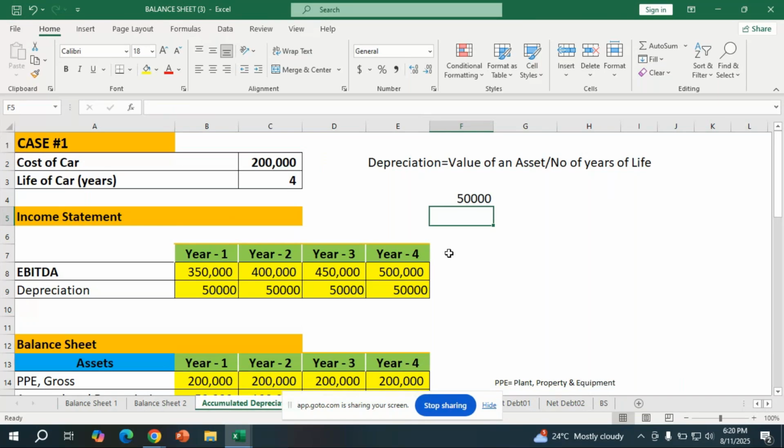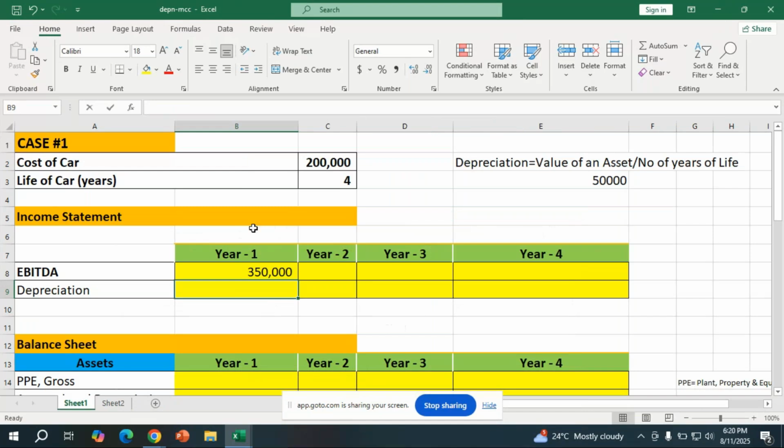So now for year one, I have given the EBITDA as 3 lakh 50,000 for you.